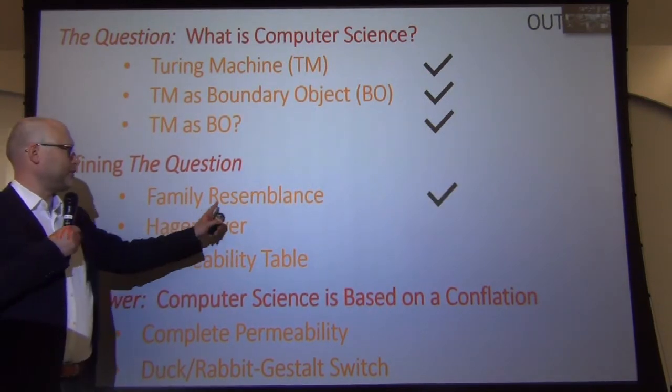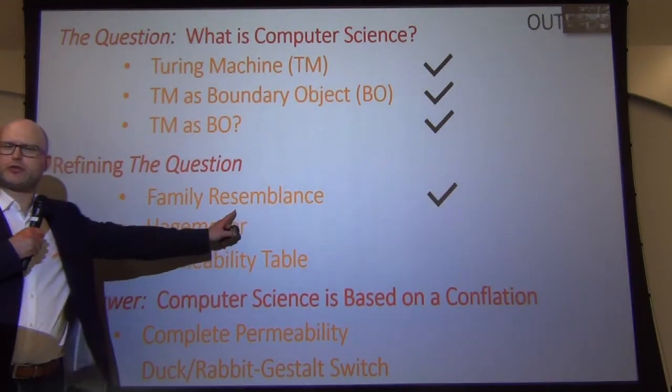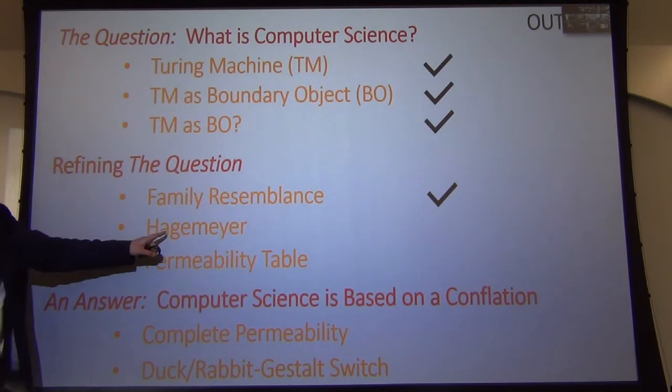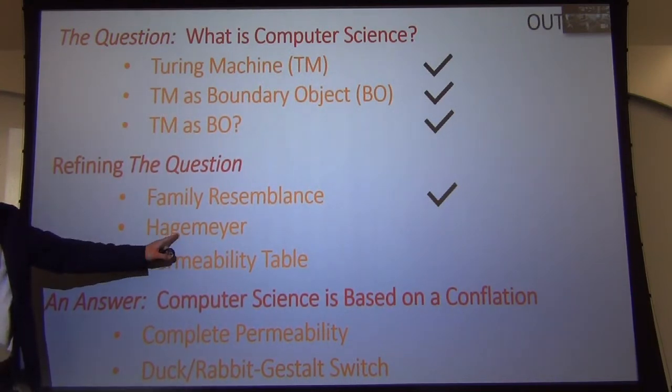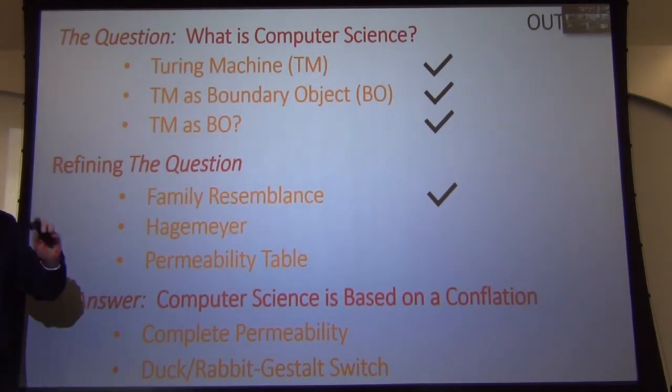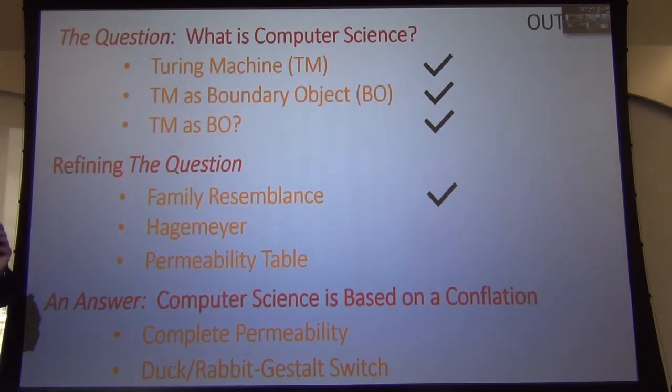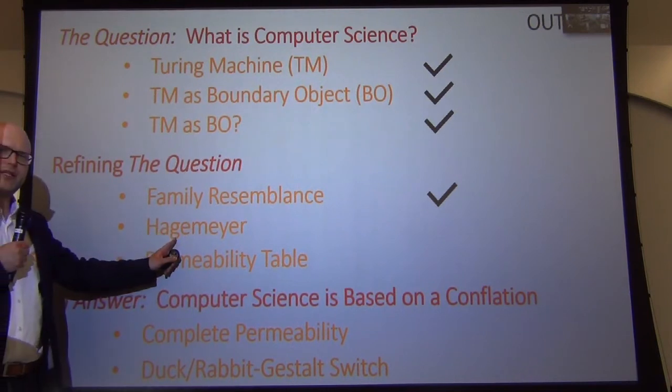Well, in a sense, let me just emphasize that I just introduced the concept of family resemblance, but I want to be even a bit more nuanced. I'm going to take something from Hagemeyer's PhD dissertation from '79, which was not in the context of computer science, it was not connected to Turing machines, but he said something very interesting.